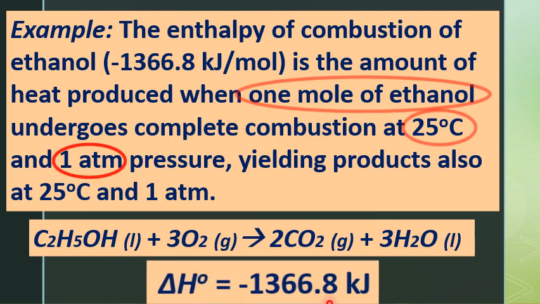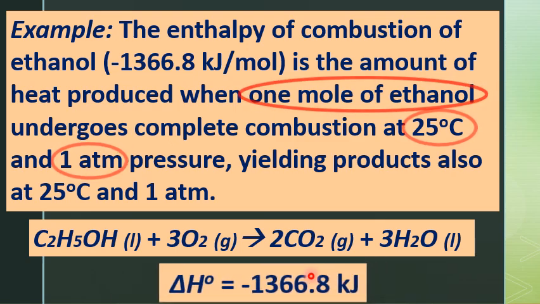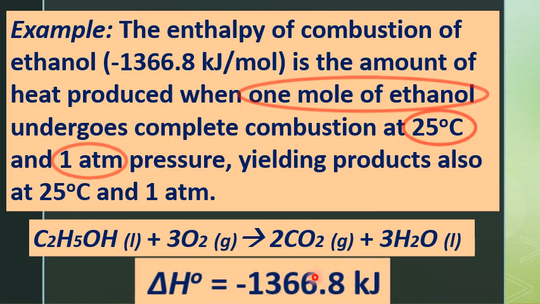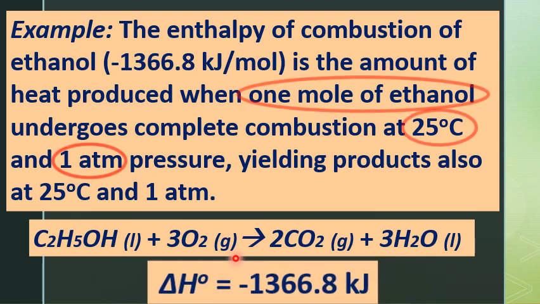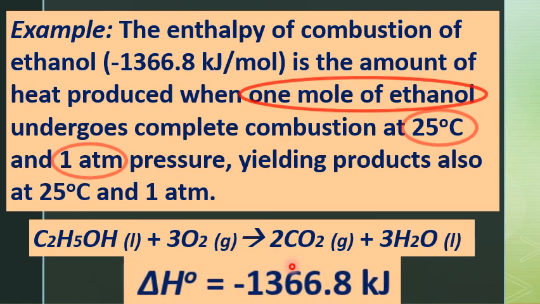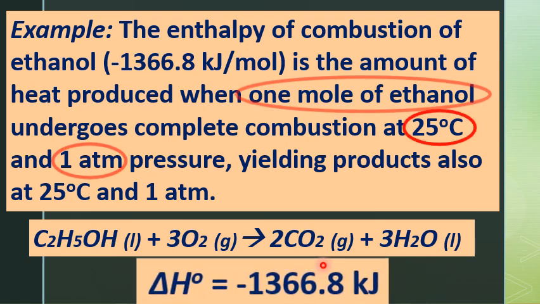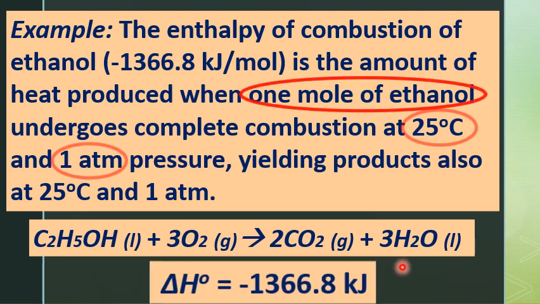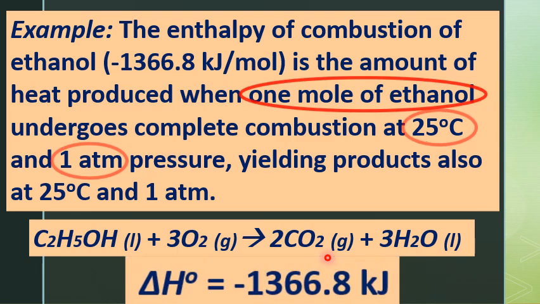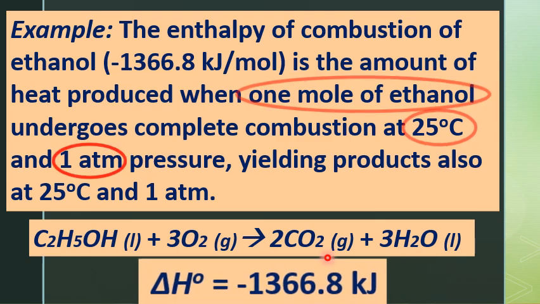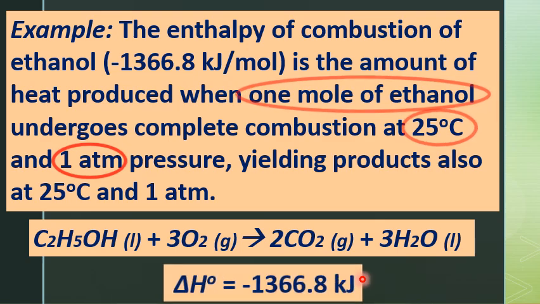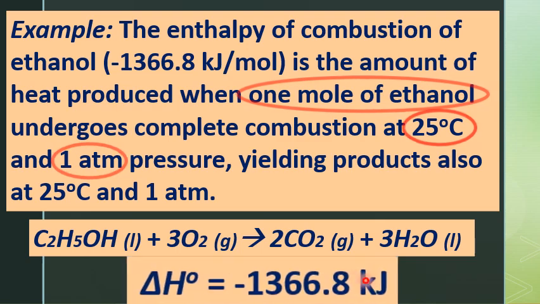This equation indicates that when 1 mole of liquid ethanol and 3 moles of oxygen gas at some temperature and pressure change to 2 moles of carbon dioxide gas and 3 moles of liquid water at the same temperature and pressure, 1366.8 kilojoules of heat are in fact released to the surroundings.